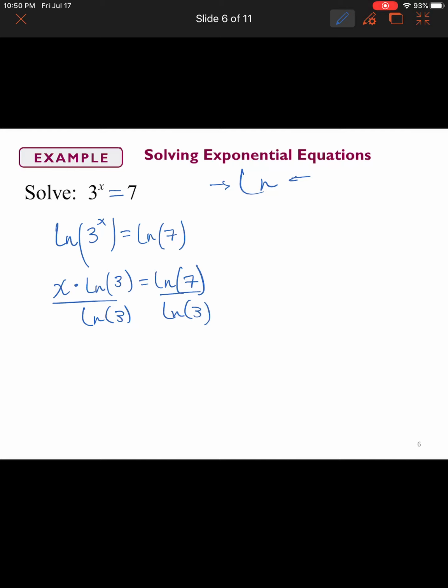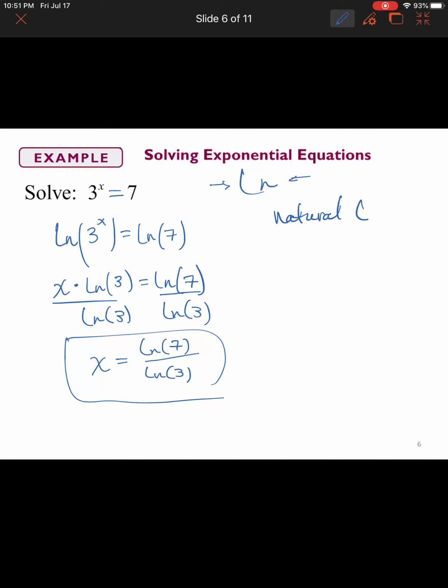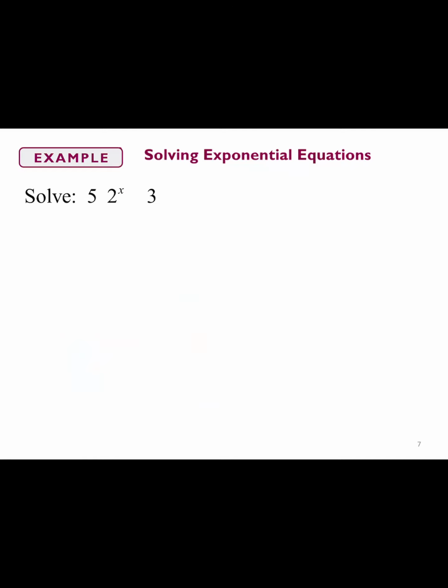And voila, x equals natural log of 7 over the natural log of 3. So anytime the bases cannot be rewritten as the same, pull out the power of the natural log. Keep rolling.